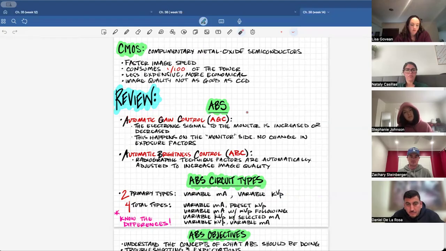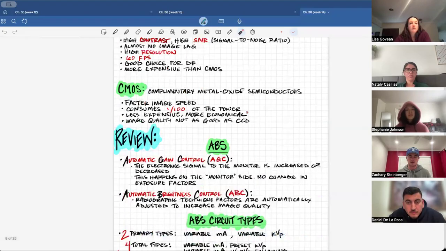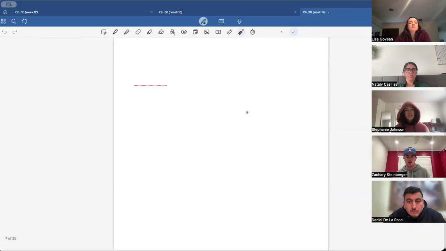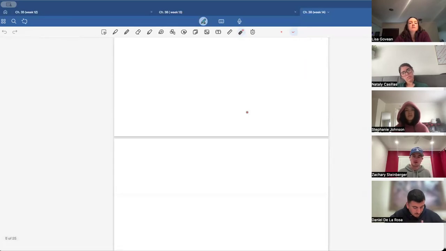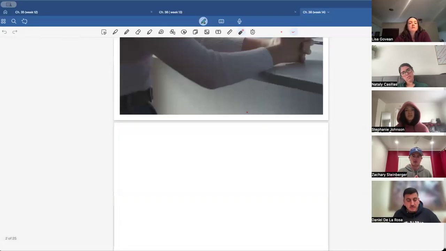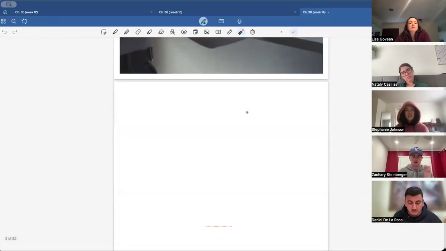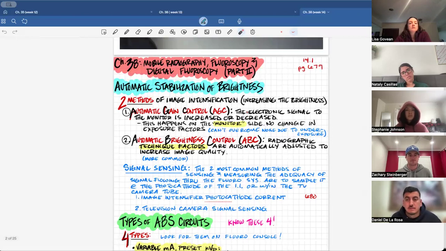So there's the AGC and then the ABS, and I think you have to distinguish between those two. AGC doesn't affect exposure factors. ABS does. With ABS, you're changing the mA and the kV to get a good image.